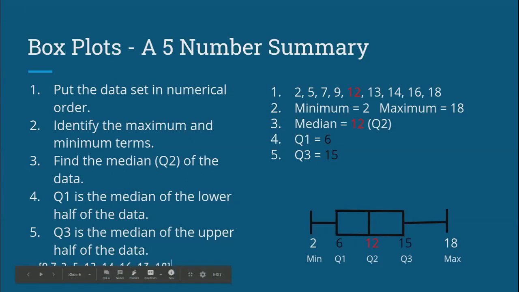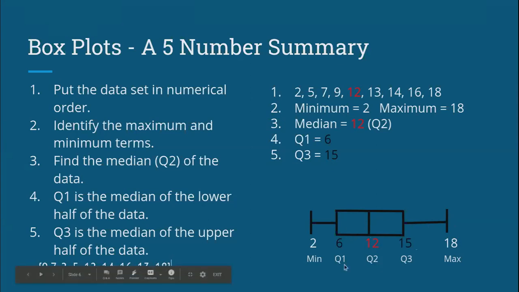Then quartile 2, or the median of the entire data set. And then the median of the upper half, or Q3. That forms your box. And then the last term is the maximum. And then you draw your whiskers.